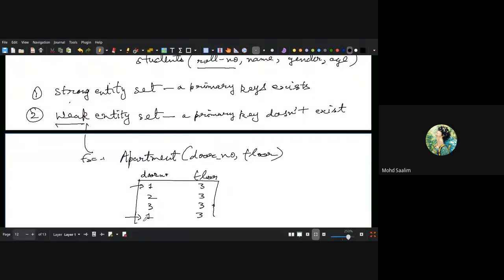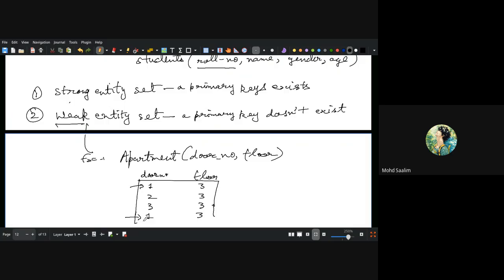If in a hotel, in a single floor, there are two doors and their door number is same, you cannot deny it, right? You have to store that data as it is because this is a fact. If you don't store it that way, then you are denying a real world fact.